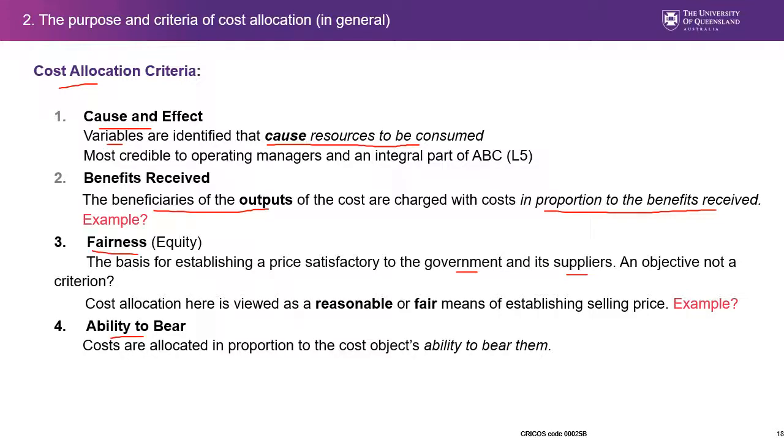So costs are allocated in proportion to the cost object's ability to bear the costs. If I know I can charge a higher price for product A, I might allocate more of the overhead cost to product A than product B that can't afford to bear those costs because I can't charge as high a price. Now the most economically plausible is using this cause and effect allocation criteria.